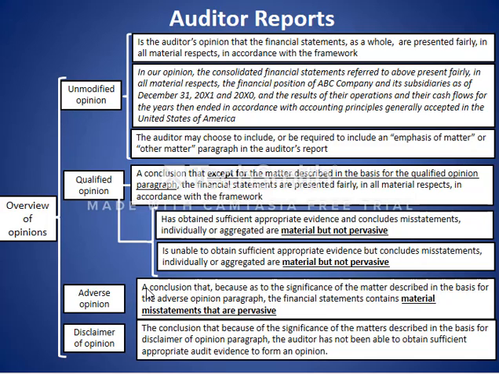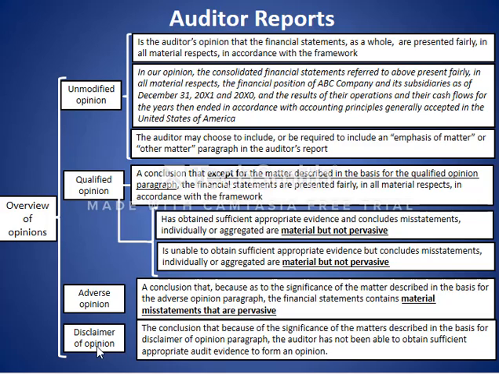And what that means is it's an auditor's opinion, a conclusion that because of the significance of the matter noted in what we call an explanatory paragraph, the basis for the adverse opinion paragraph, the financial statements contain material misstatements that are also pervasive. So that's an adverse opinion, and that's something that a client really doesn't want to see.